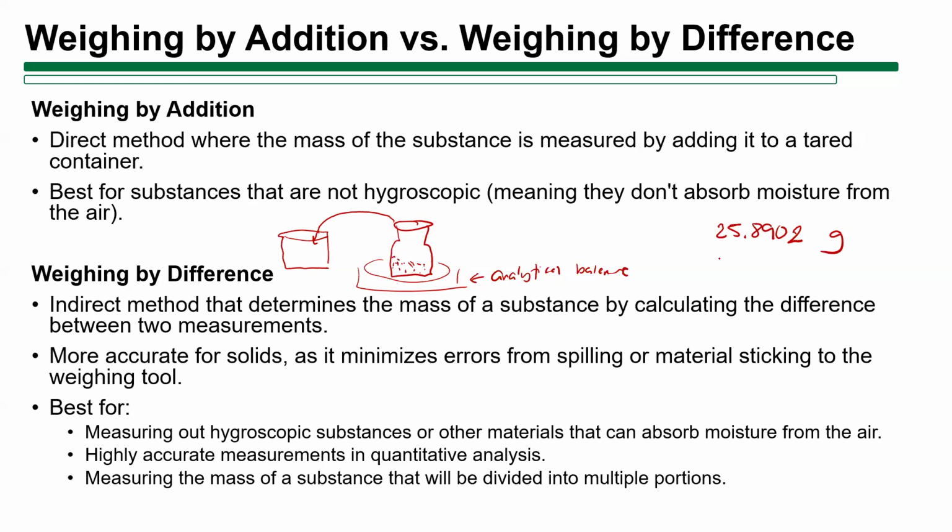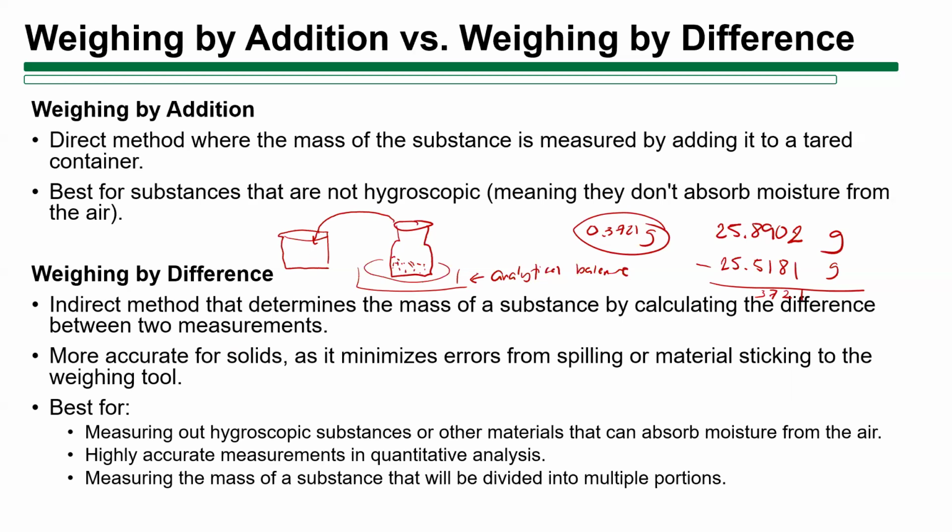Let's say you got a weight of 25.5181 grams. Of course, it should be less than the original. So the difference between the two is 0.3721 grams. So this is the mass of the solid that you have added.